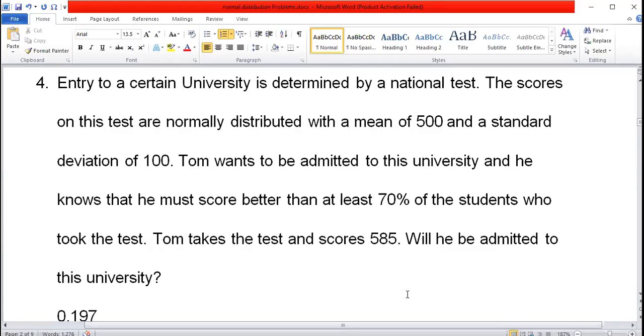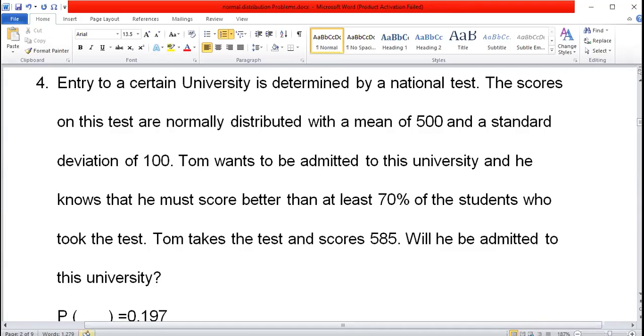Noshin? Professor, this is the probability of his score. The probability of what? Let me write. Probability of Tom's score. What probability are you reporting?